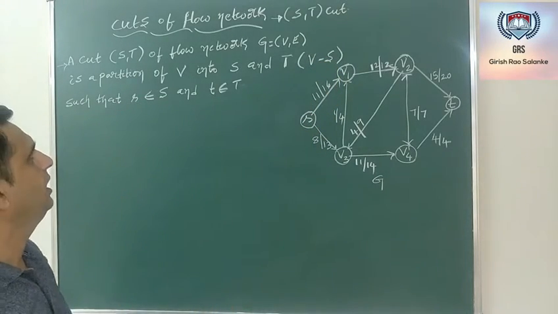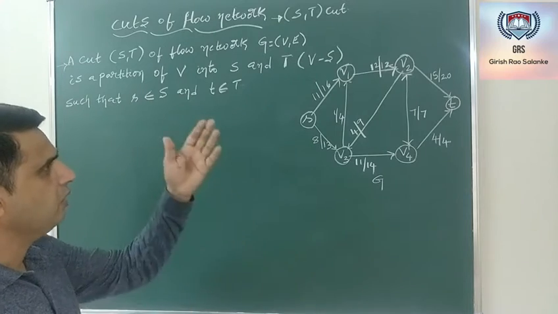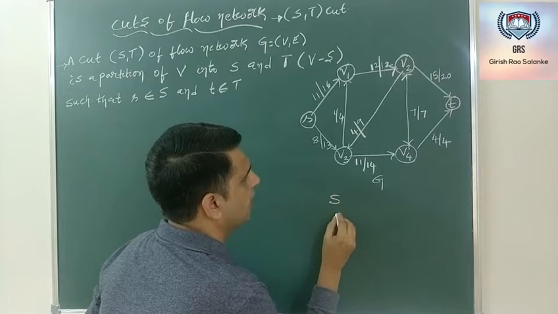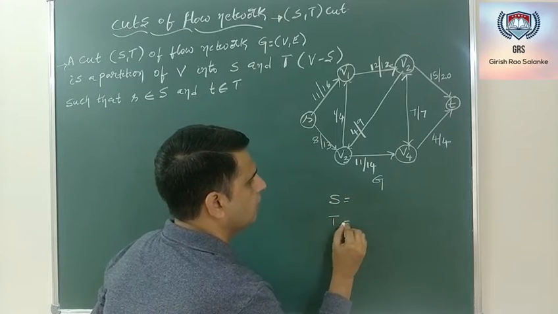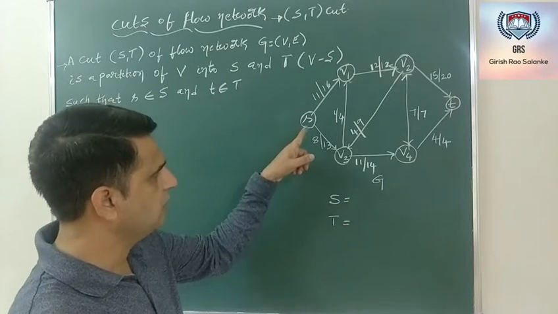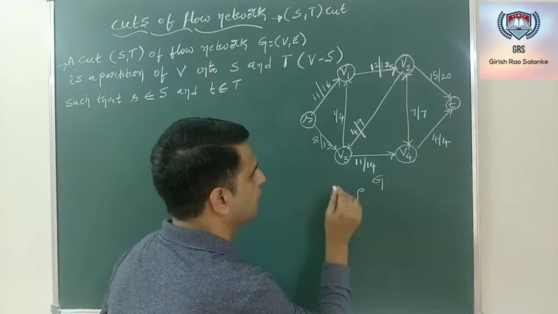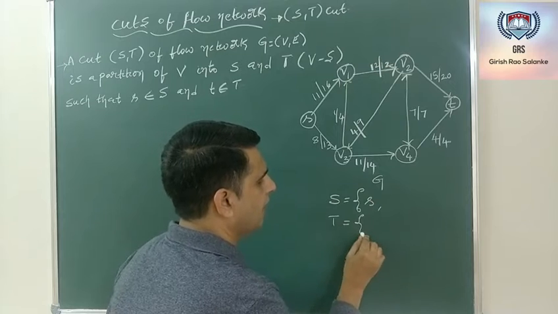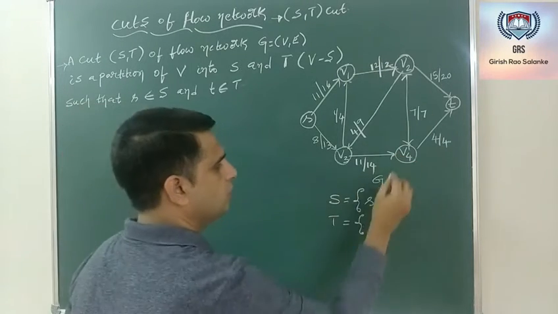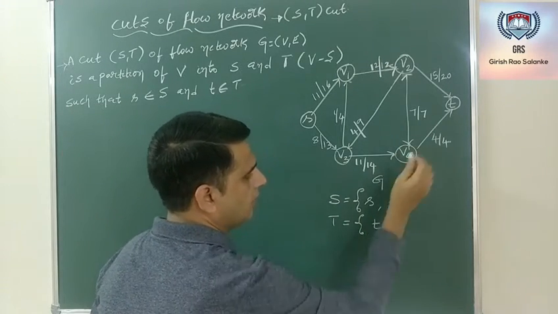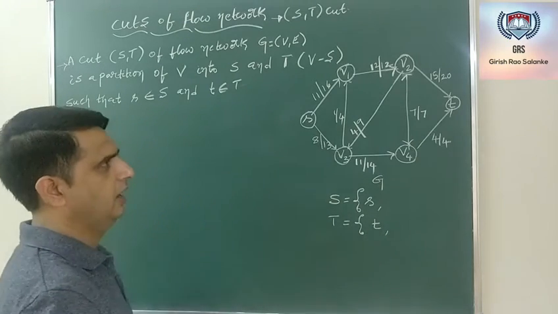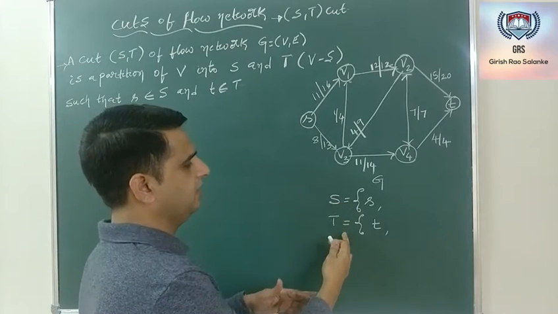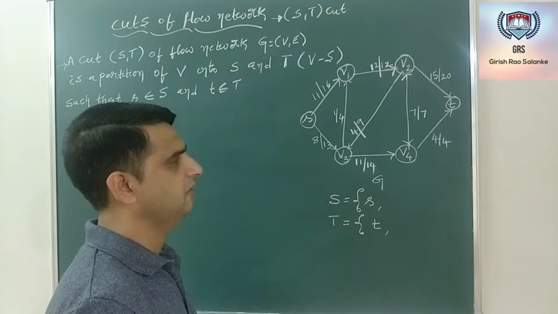Now, the speciality is that when you cut all the vertices into two parts, into S as well as into T, S should have the source vertex, and T should have the sink vertex or terminal vertex, which is denoted with T. The other vertices can belong either to S or to T. So that is the definition of a cut.